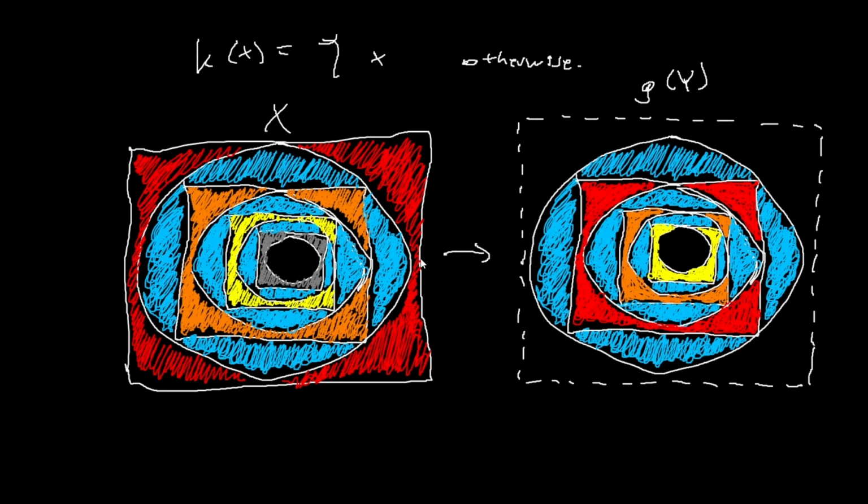And so we've managed to create what I claim is a bijection between X and the set G of Y, and then since G is injective, there's a bijection between the set Y and G of Y, and so if we can establish a bijection between X and G of Y, it's enough to establish a bijection between X and Y itself, because G of Y and Y are bijective already.